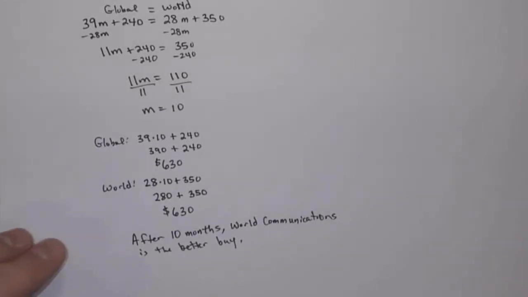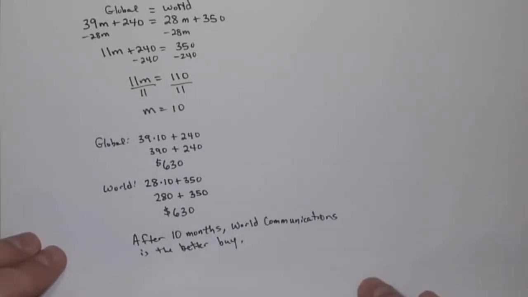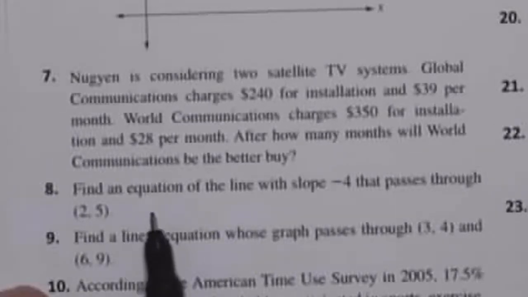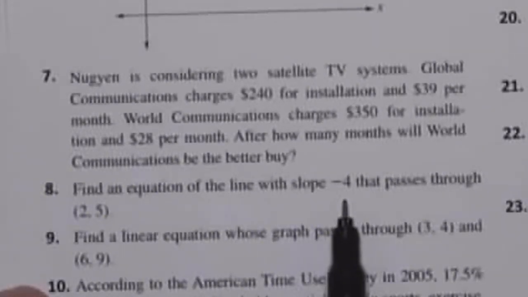Now let's look at number 8. Number 8, we want to find an equation of the line with slope -4 that passes through the point 2, 5. So again, we'll do that on a separate sheet.